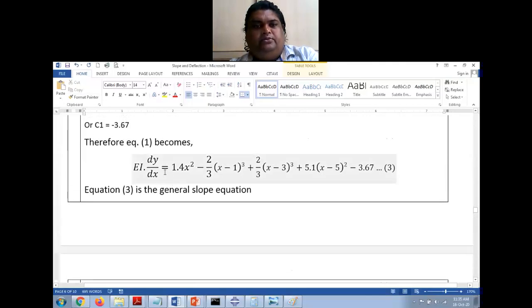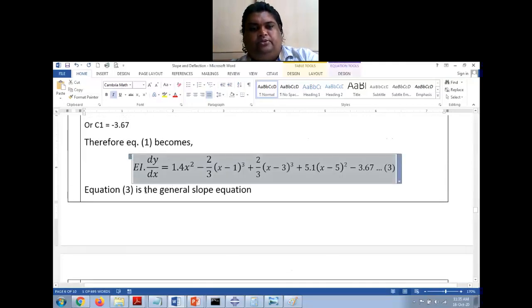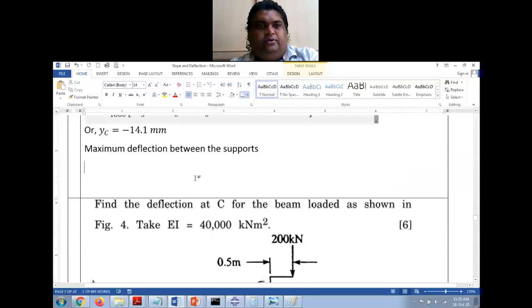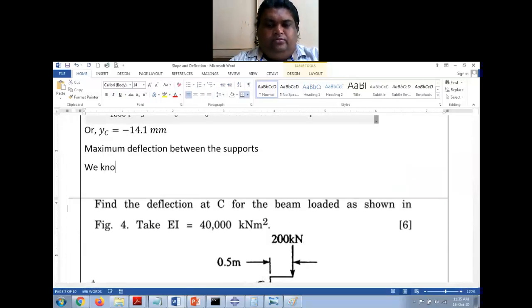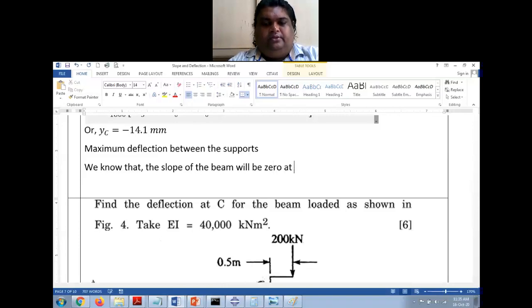So I'll just copy this. We know that the slope of the beam will be 0 at maximum deflection.